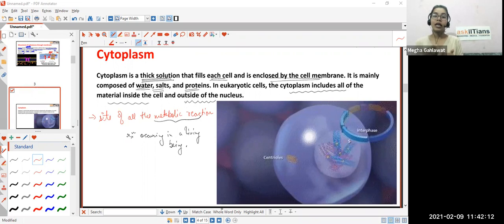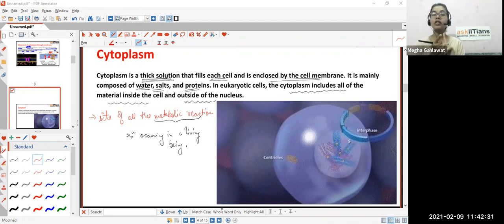Next thing is that it brings about the exchange of materials between the cell organelles. Didn't I mention this to you before as well? Moving cytoplasm means living cell. Non-moving or sedentary cytoplasm means dead cell.